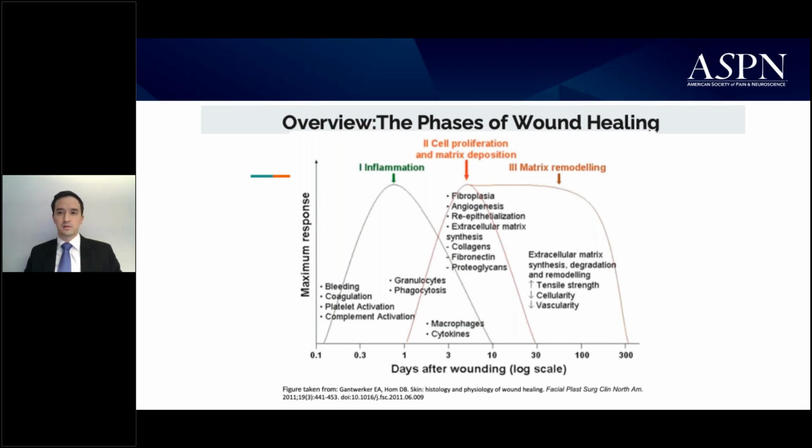In this graph, we also see that the timeline for these phases is different for each one relative to the other, meaning that the first 2 stages are relatively short and occur within the first few minutes after tissue damage, whereas the last 2 stages occur over the course of days or weeks, even extending as long as 1 year in some cases. So I'll go through each of these phases in detail and hope that this can serve as a review of some key concepts, which can then be used to better understand optimal techniques for surgical closure. Next slide, please.